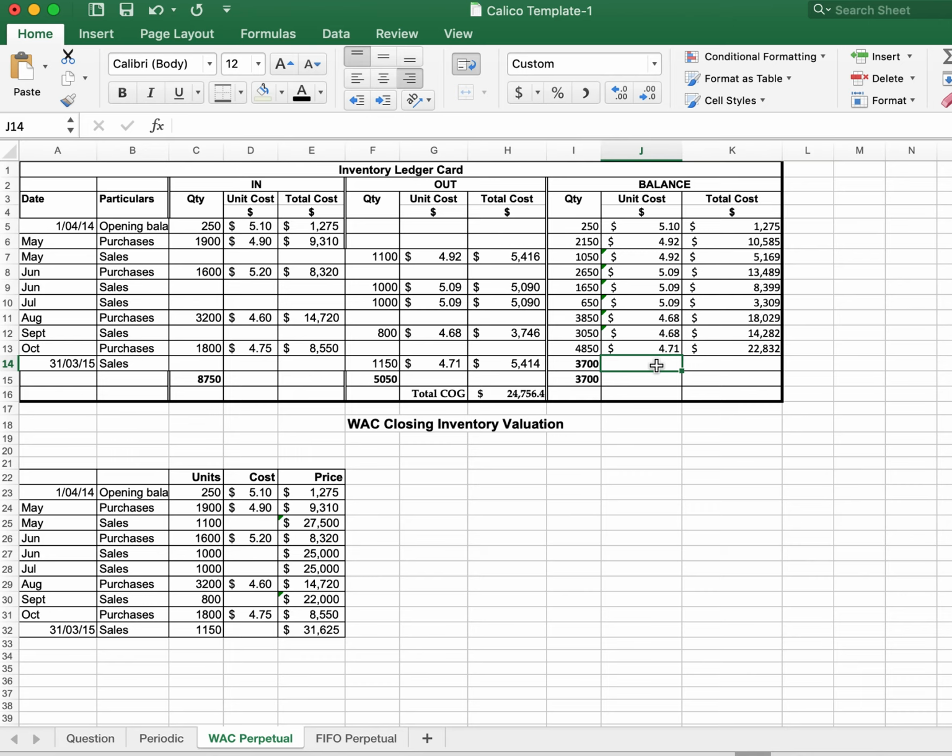And the value is basically what we've had, take off what we've sold. And therefore, the closing average weighted cost of a unit is $4.71. So that's how you complete that weighted average cost perpetual sheet.